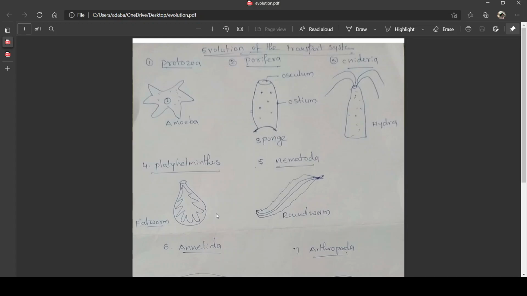Also, an excretory system is developed in this body. The excretory system collects the waste materials from each cell of the body individually. In these organisms, most of the body is occupied by the digestive system and excretory system.